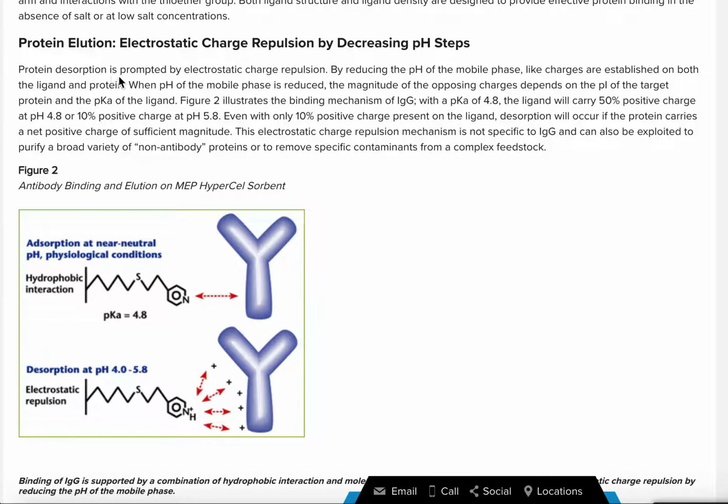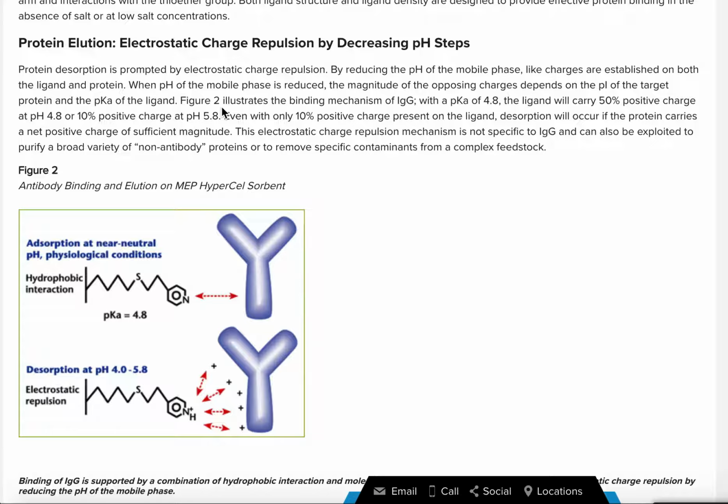So protein elution: electrostatic charge repulsion by decreasing pH steps. Protein desorption is prompted by electrostatic charge repulsion. By reducing the pH of the mobile phase, like charges are established on both the ligands and protein.